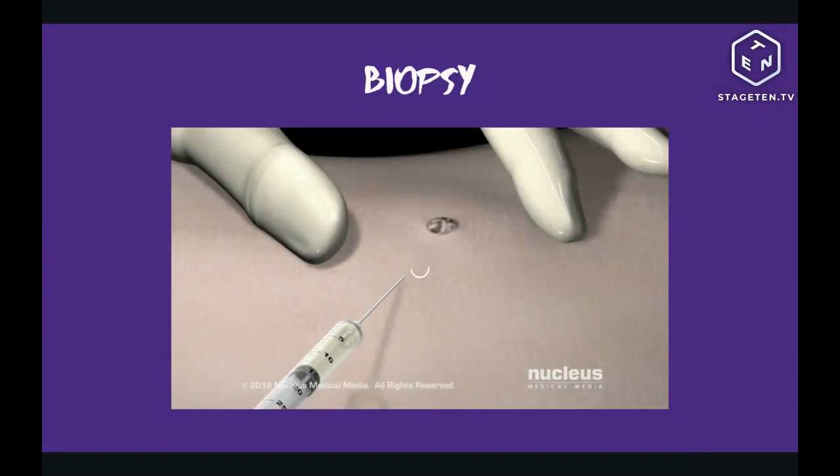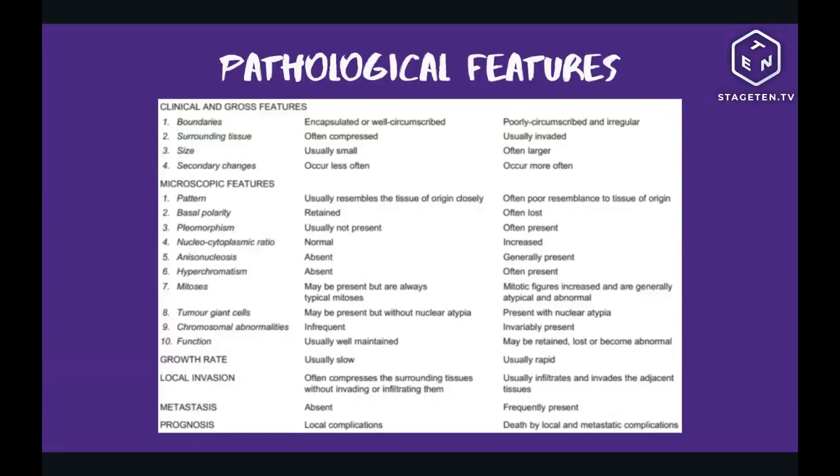Okay, as the video doesn't really load, let's just say that there is a specific needle that is used to take a sample of the patient's tissue. It may also be performed during the operation, and this would work for those who are undergoing a surgical procedure to remove the newly grown tissue.